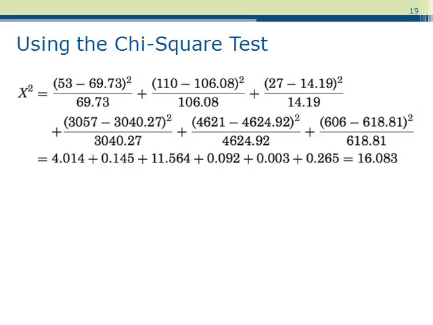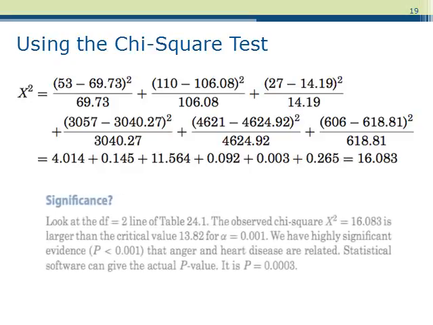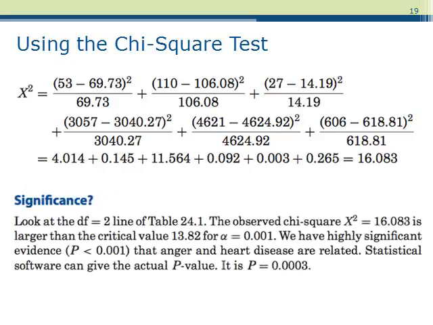Adding all 6 of these values gives a value of 16.083. Finally, we compare this value to those in table 24.1. In the df equal to 2 row, 16.083 is larger than 13.82. This is the critical value for 0.001 significance. So there is certainly evidence of an association between anger and heart disease.